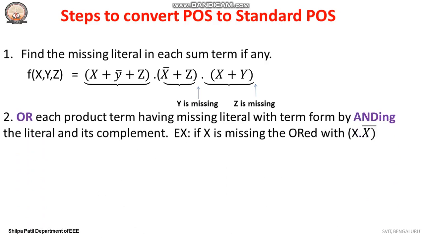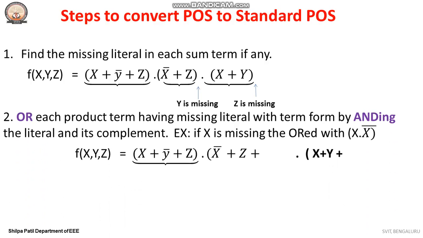Then, each sum term having a missing literal is ORed with a term formed by ANDing the literal and its complement. For example, if x is missing, then you have to OR the sum term with x times x bar, right? We will do that now. In the second sum term, y is missing, so I will OR with y times y bar, whereas in the third sum term, z is missing, so I will OR with z times z bar.